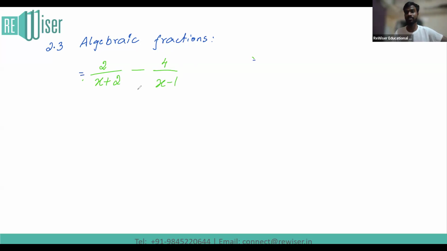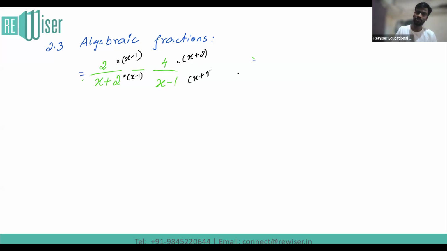So in order to simplify this, we have to make the same denominator. Whenever we have any type of fractions, if the denominators are the same, then we can add or subtract the numerators directly. So in order to make the denominator the same, for the first term, I have to multiply with whatever the denominator I have for the other term. So which means I have to multiply and divide with x minus 1 here. And for the second fraction, I have to multiply and divide with x plus 2 here.